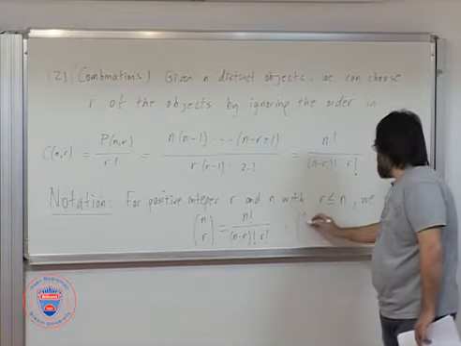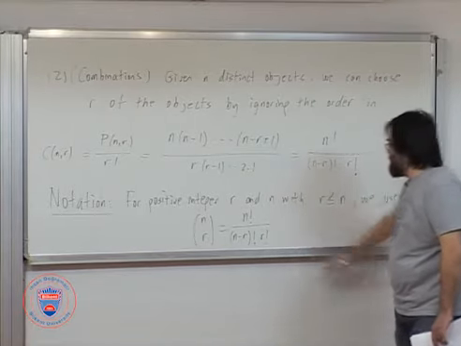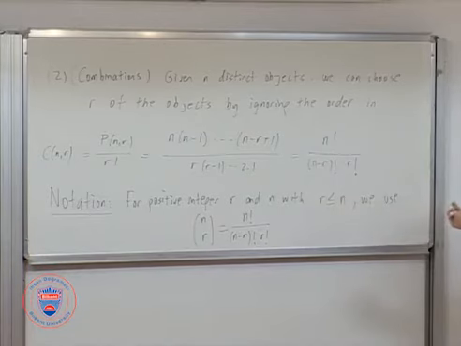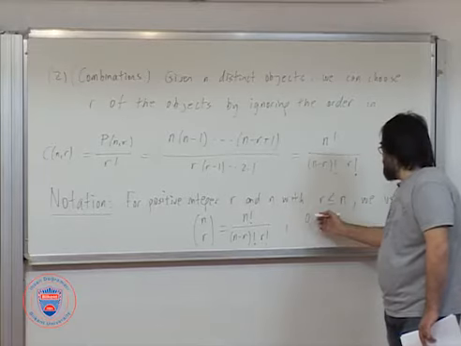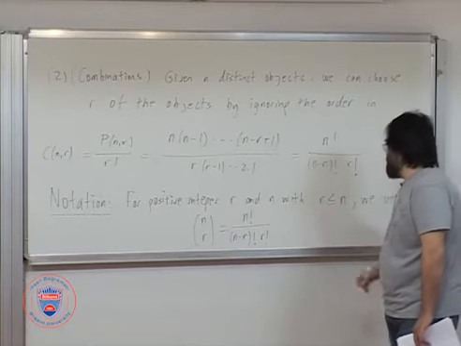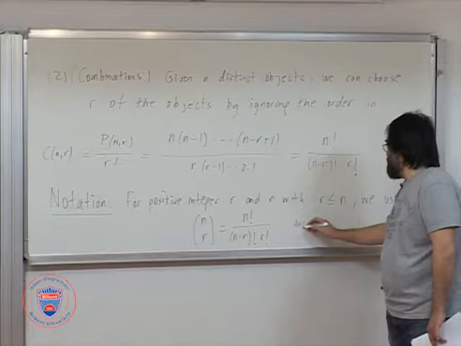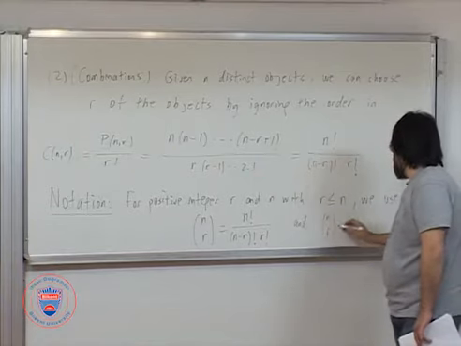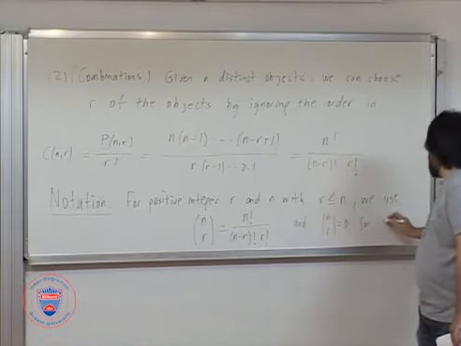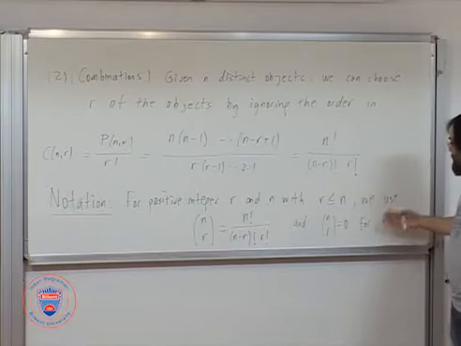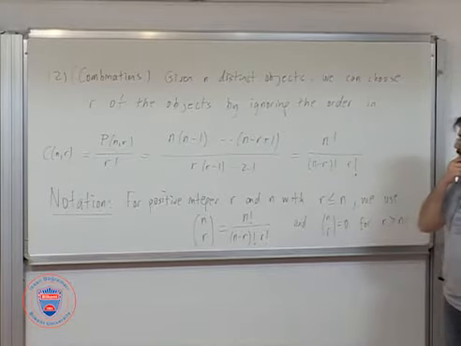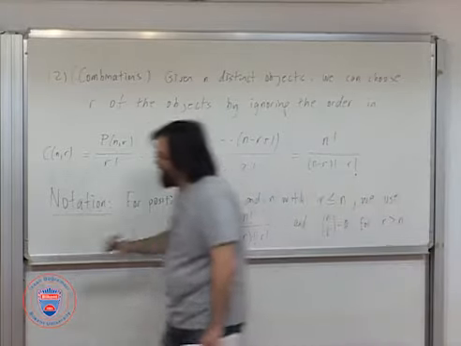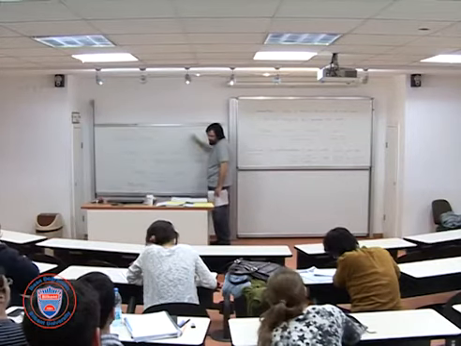From this formula, n choose 0 and n choose n are 1, but you can also define 0 choose 0 and so on. And n choose r is 0 for r bigger than n. For other cases, we just take it to be 0.